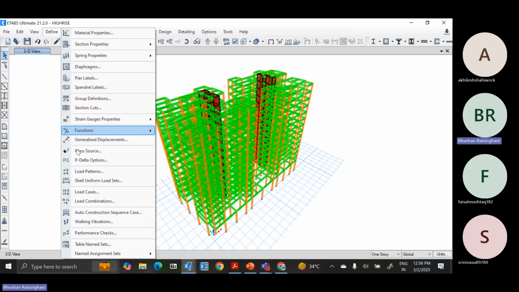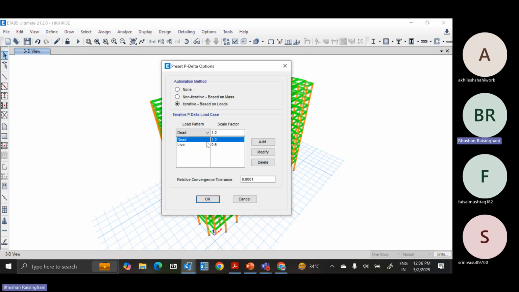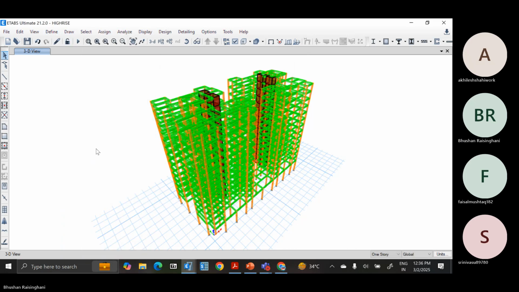That is, you define P delta now, 1.2 dead load, live load, and with respect to that, you check what is the increase in the base shear and the displacement and the drift, and try to increase the accuracy by the method that Farzad Naeem has explained to you.